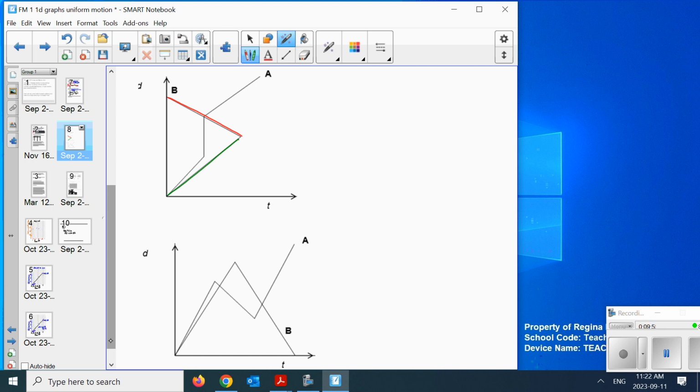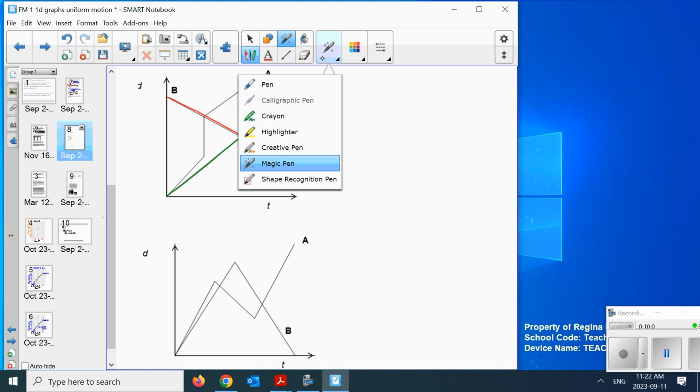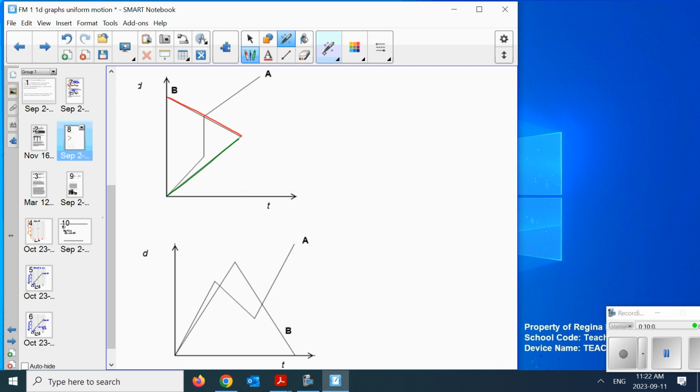Okay, these ones are possible, so we're going to describe them. Okay, let's describe A. So what does A do at the start? There's three sections. Say to the right is positive. So A travels right.